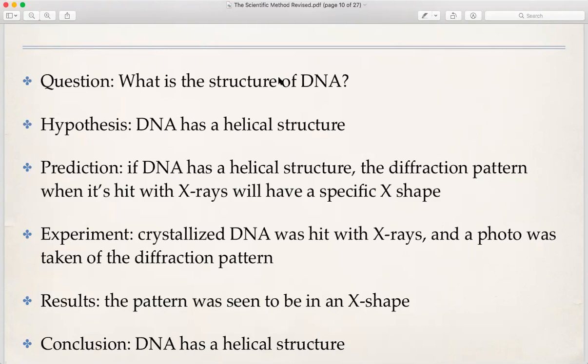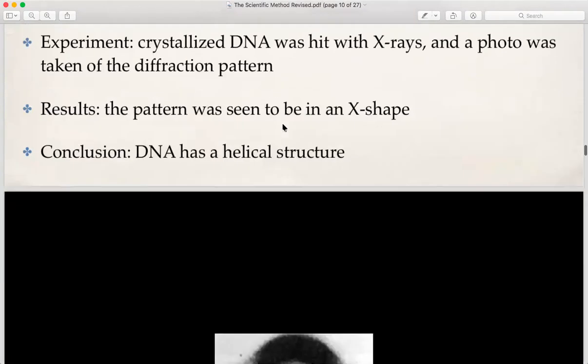But yeah, so the experiment that they did was they hit crystallized DNA with this particular form of radiation, and an actual photo was taken of the diffraction pattern, and the photo can be seen. Right? When I look at this photo, it demystifies so much of what great science is, what great research is.